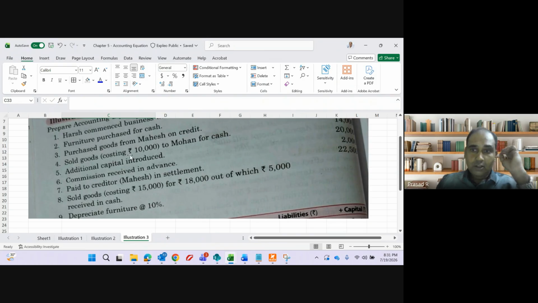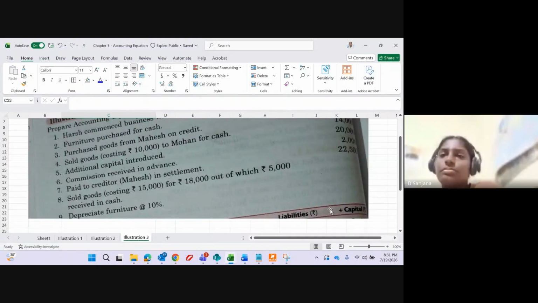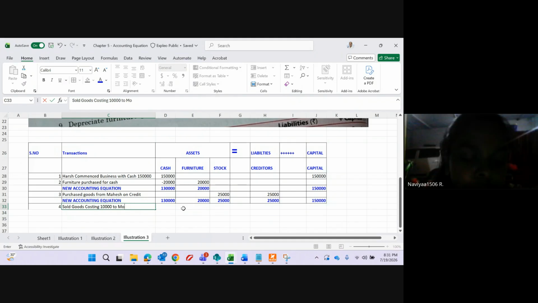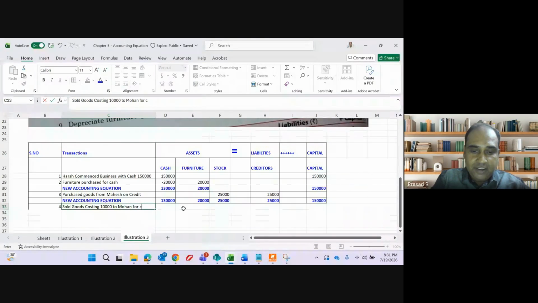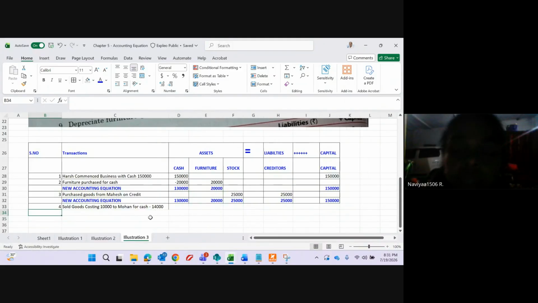Sold goods costing 10,000 to Mohan for cash. What is the amount, guys? 14,000. Okay.